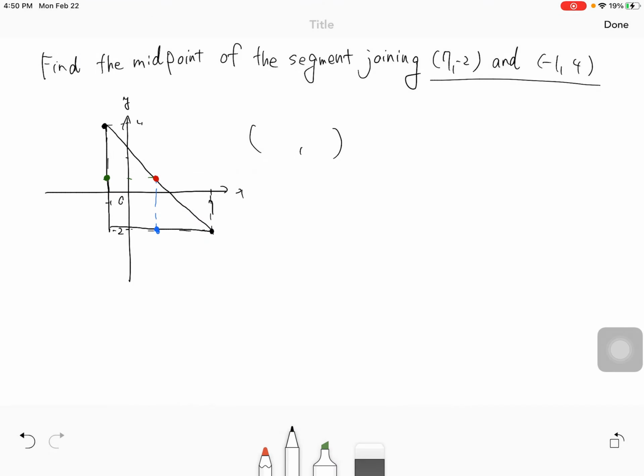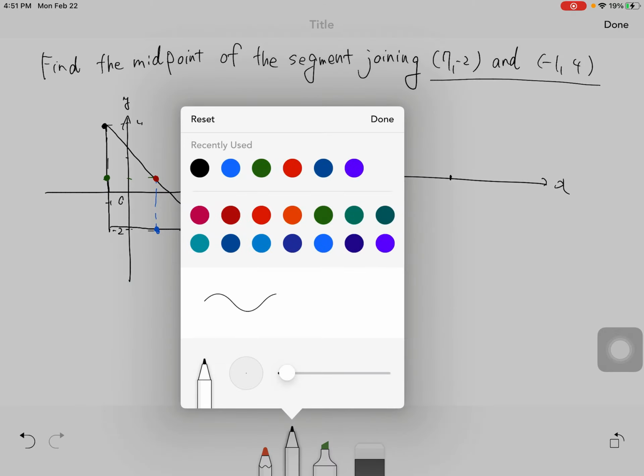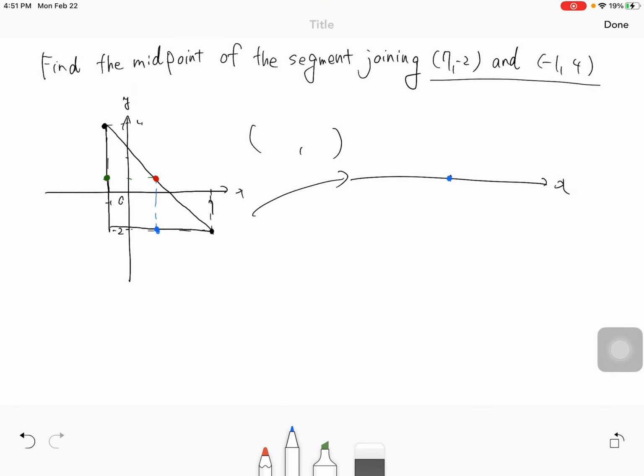Okay, then first let's work on the x value of this blue point. This one is the x-axis and the blue point. Let me just pick it up here. The point on the right side is 7, and the x value of the left side is -1.